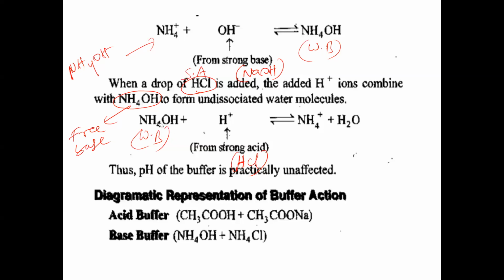OH- from the weak base and H+ from the strong acid combine to form H2O. Therefore NH4+ ions will be forming here. These NH4+ ions combine with Cl- to form NH4Cl. So is salt concentration increasing or decreasing? Increasing. Due to formation of salt, the salt concentration increases.